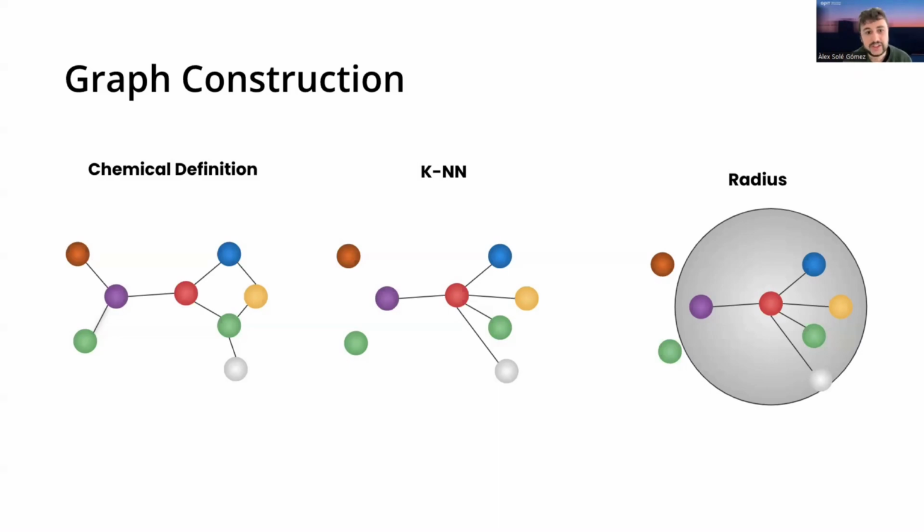So a technique that we use is, for example, nearest neighbors: based on the red atom, I say, okay, instead of connecting based on the chemical bonds, connect me to the five closest neighbors that I have. Or the other option is that you define a radius, and whatever is within this radius will be my neighbor.